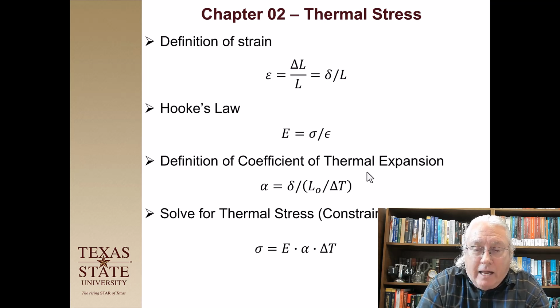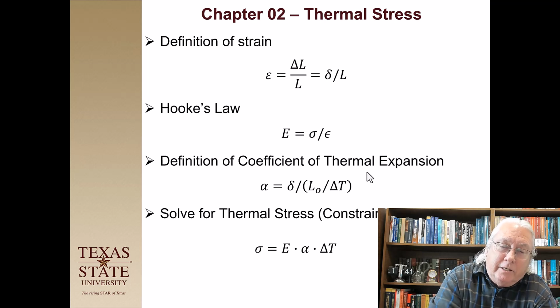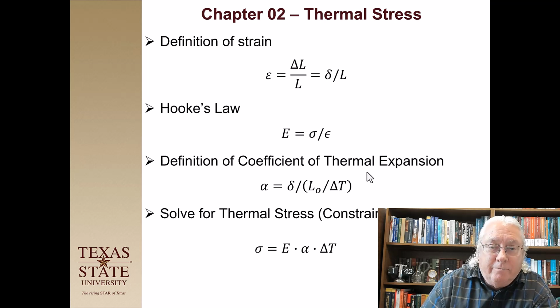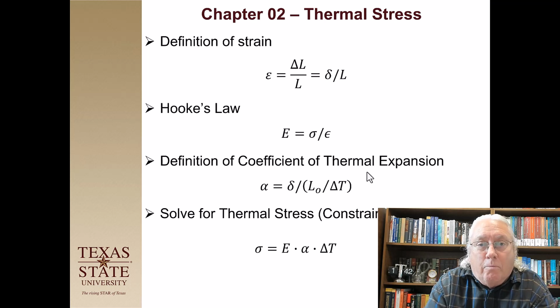If you've got a constrained situation where the part is heating up or shrinking and it's constrained so it can't move, then you're going to induce these stresses. The equation at the bottom will tell you what that normal stress is. It's going to be Young's modulus E times the COTE, coefficient of thermal expansion, times that change in temperature. And you'll get an opportunity to do a couple of homework problems calculating this.